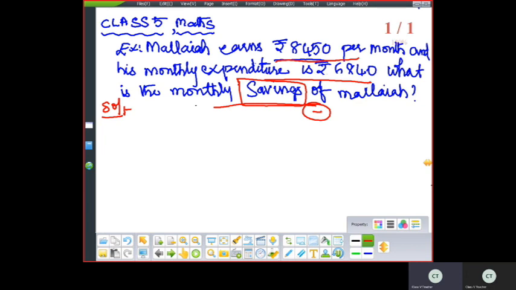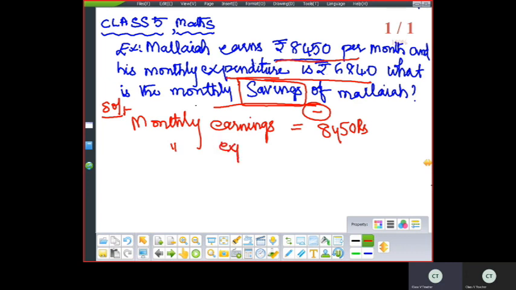Let me write down the steps first. Monthly earnings is equal to 8,450 rupees. Then the second one, expenditure.